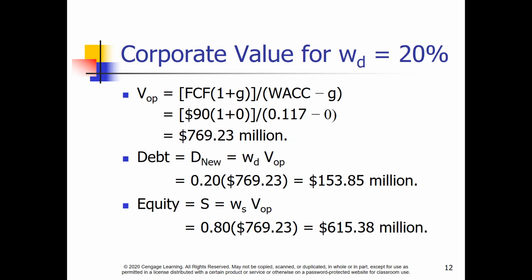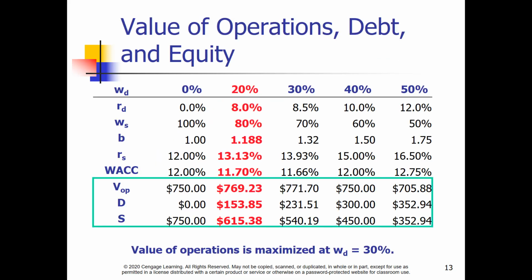Continuing with our calculations and still using the 20% debt level, we can find the value of operations using the free cash flow method. The value of debt is 20% of that total value, and the remainder is equity. We repeat these calculations for all levels of debt being considered, and we'll see the results on the next slide. These further calculations continue to verify that the 30% debt is the optimal level for Pizza Palace.